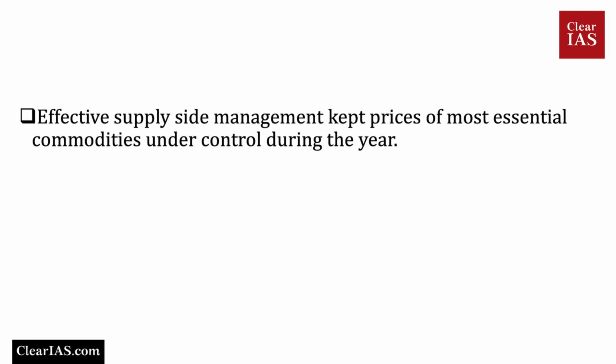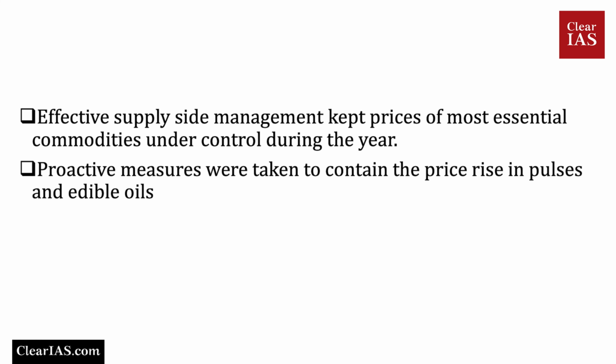Effective supply-side management kept prices of most essential commodities under control during the year. Proactive measures were taken to contain the price rise in pulses and edible oils. Reduction in central excise and subsequent cuts in value-added tax by most states helped ease petrol and diesel prices.